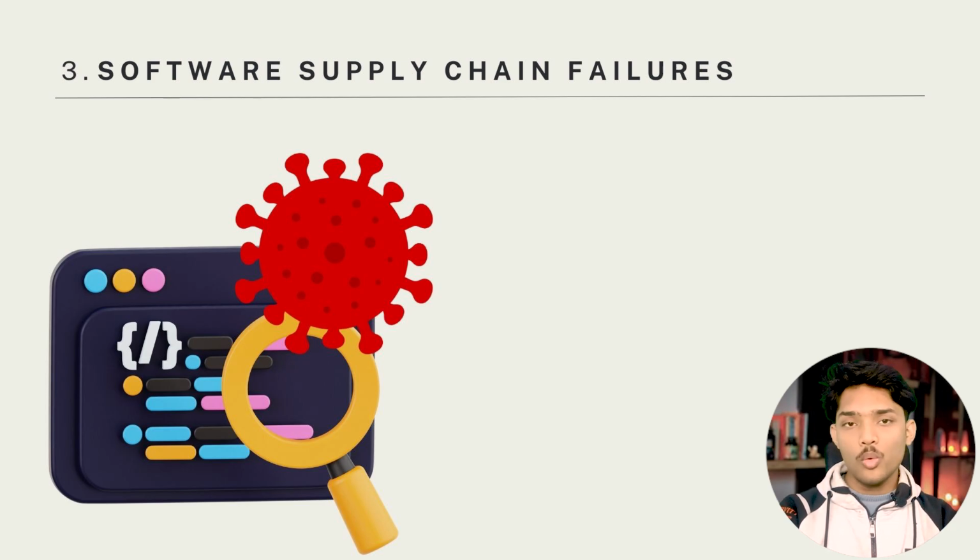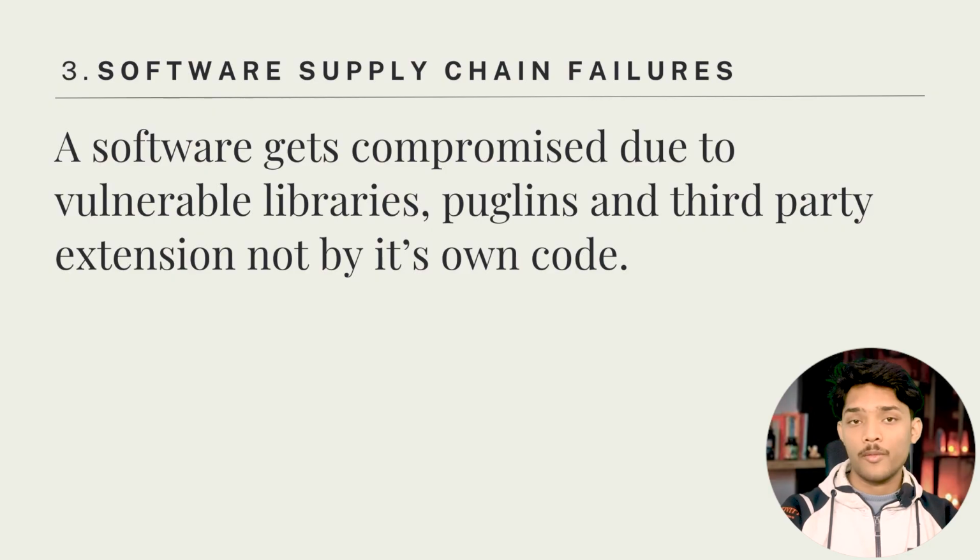The code of the application is very much secured, very much protected, but the plugin or library had a weakness, and that library lies inside the code of the application, so the attacker gains access to the application and to the server, because that library was inside that code. This is what this third vulnerability is about. In a simple sentence, if I have to summarize this vulnerability, it happens when an application is compromised because of a library or plugin that it depends on instead of its own code.